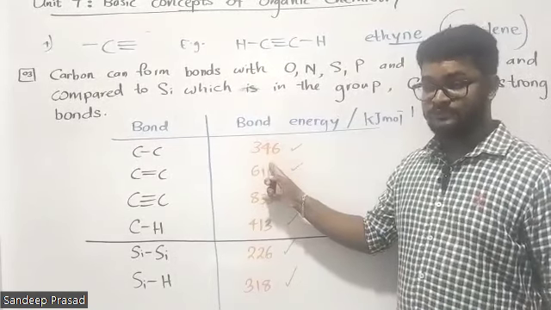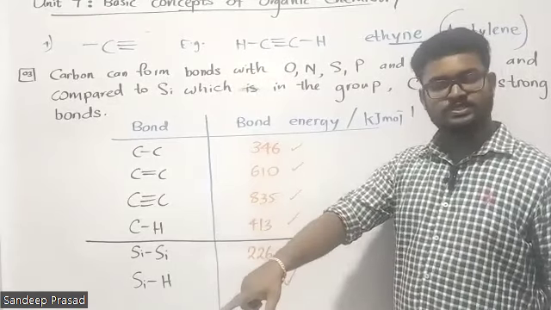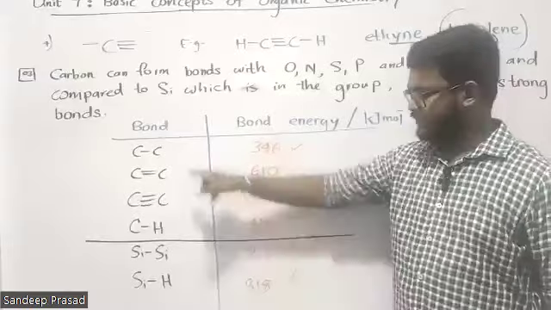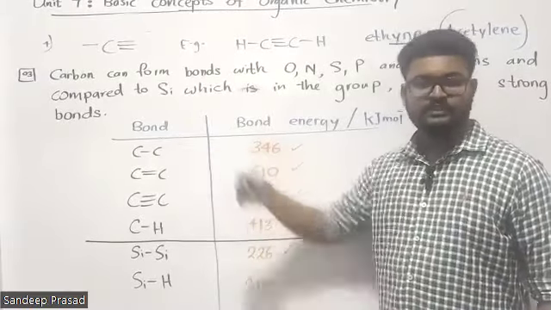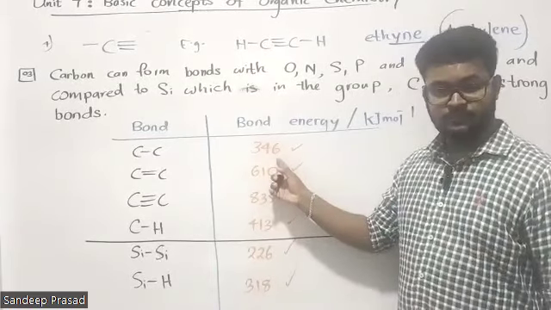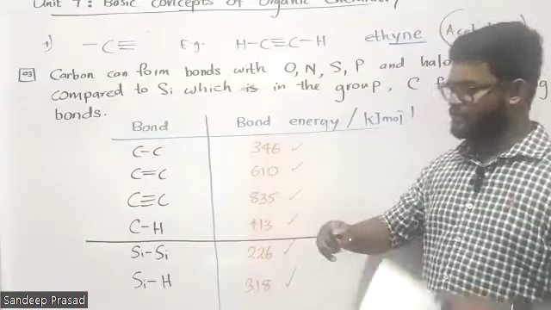So that means the bonds formed by carbon are much stronger than silicon. Silicon is also the same. After carbon, what is next? Silicon. So even though carbon is a smaller atom than silicon, it is making bonds with larger energy. Try to understand this.